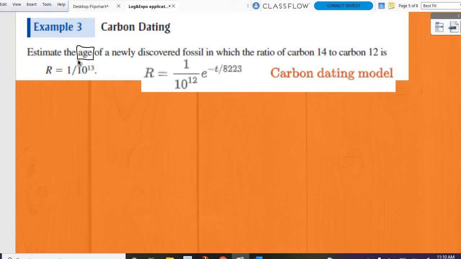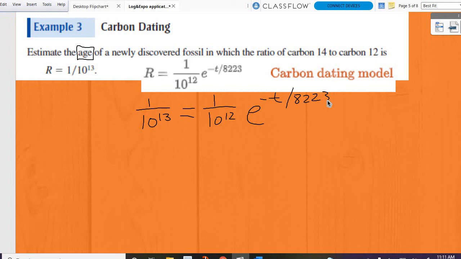So what do we have to do in order to solve for t? Plug something in for R. Do they give us something to plug in for R? 1 over 10 to the 13. So we're just going to plug that in and then treat it like any of our other exponential equations. What's our first goal when we are solving exponentials? Isolate your exponential. So what do we have right now in front?